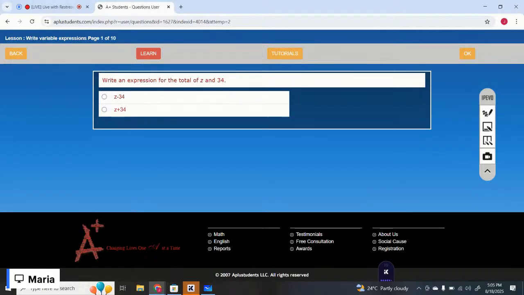Write an expression for the total of Z and 34. That is Z plus 34.